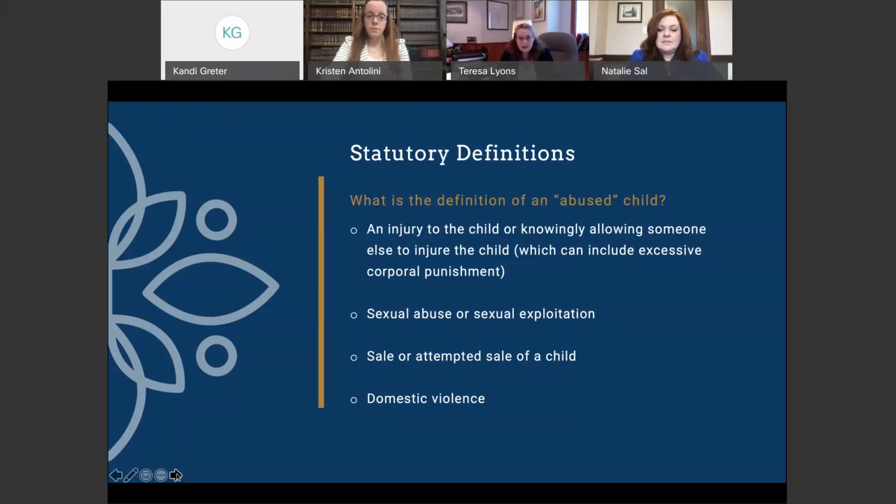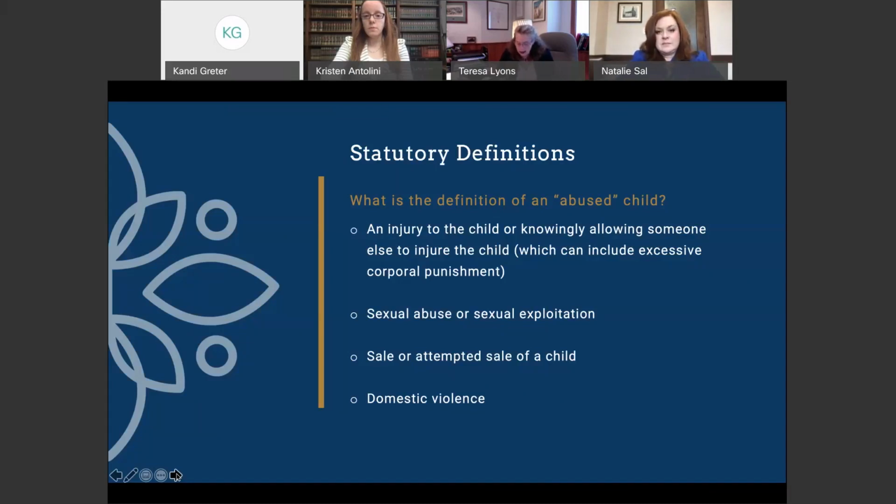And it's not surprising that sexual abuse and sexual exploitation are part of the definition, although these are a minority of the cases, thank goodness. However, they are included in the definition of an abused child. If a parent tries to sell a child or actually sells the child, that's also the definition of an abused child. And finally, domestic violence is a common form of abuse.